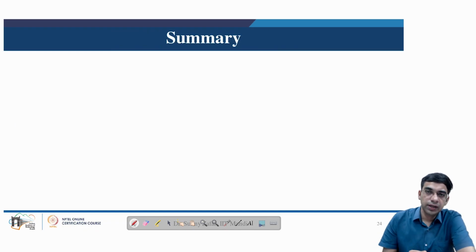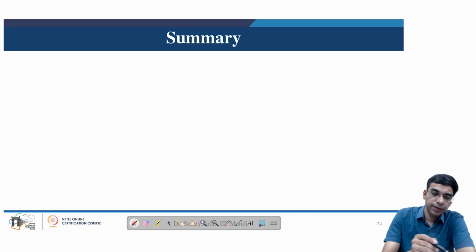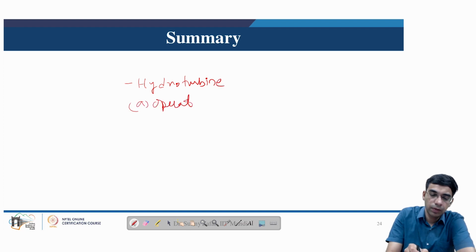So with this we come to the end of this lesson. We will now summarize what topics have been covered. We have covered the hydro turbine operation. We have also covered classification of hydro turbines.